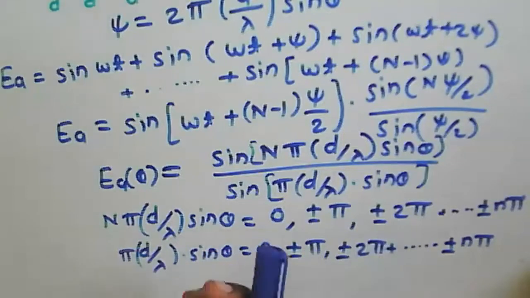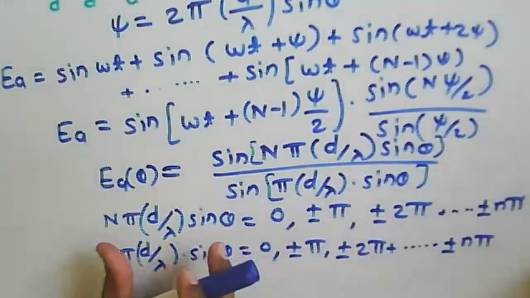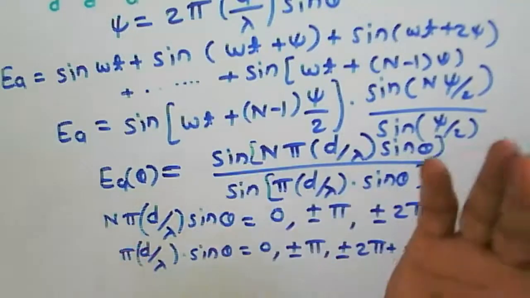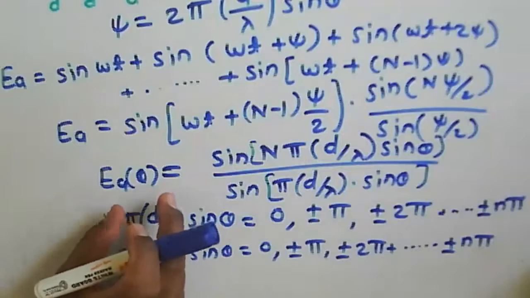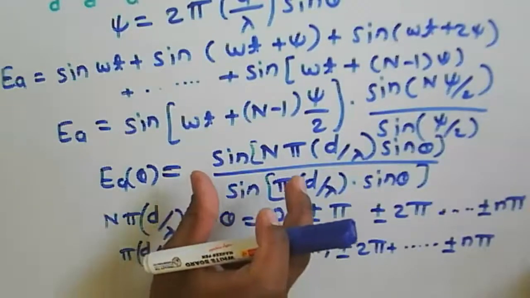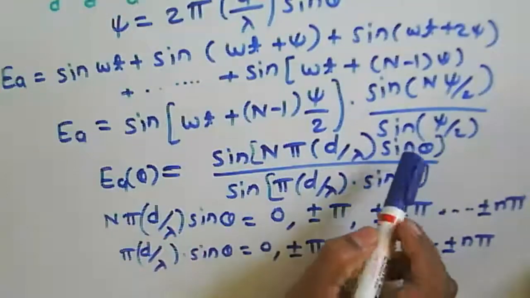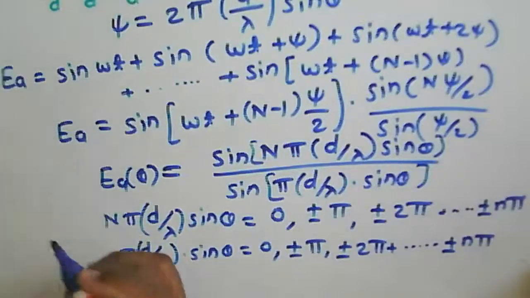So when are we getting the maximum radiation intensity, at what particular value of n pi d by lambda sine theta? We need to find out where we are getting the maximum radiation intensity. So we can find E of theta is maximum when sine of theta becomes plus or minus n lambda by d.